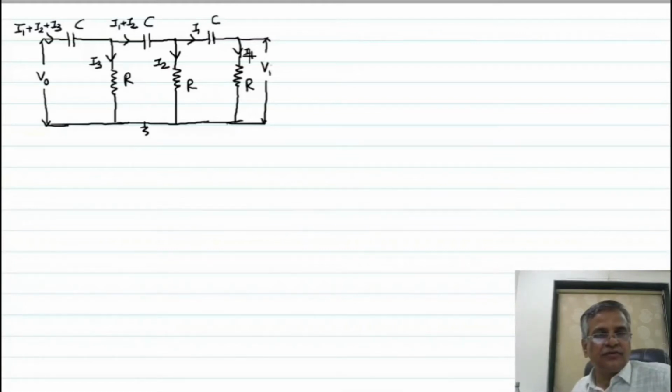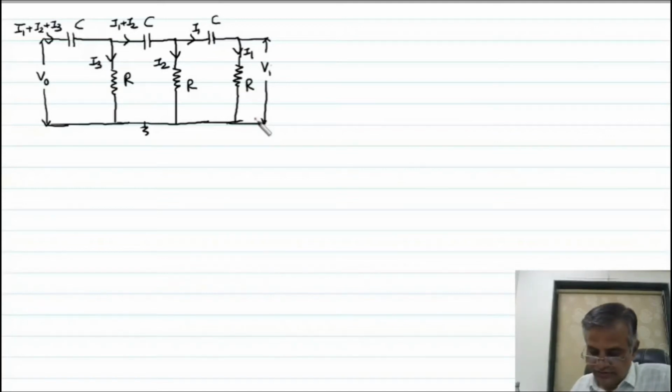I want to derive the equation of gain. From that equation I can find the frequency and how much minimum gain the circuit requires for sustained oscillation. So I have to find Vo by Vi. For that I am doing this current distribution.